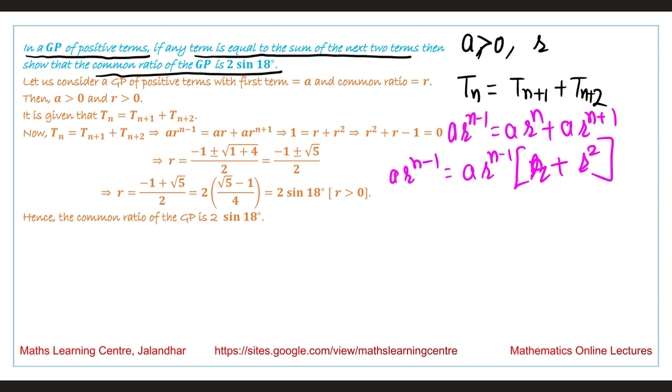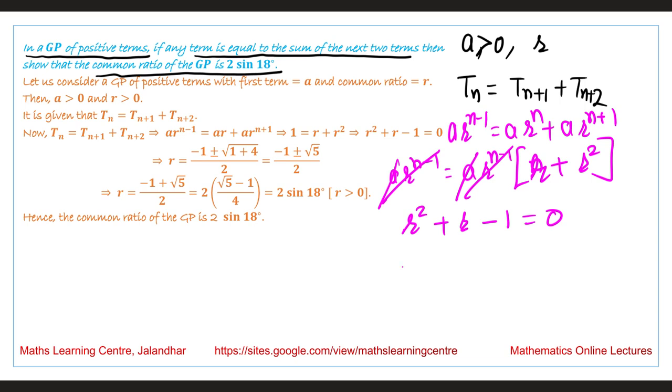Now one thing is clear that a is not equal to 0, and r is not 0, so both these terms get cancelled. So what we are left over here is r square plus r minus 1 is equal to 0.